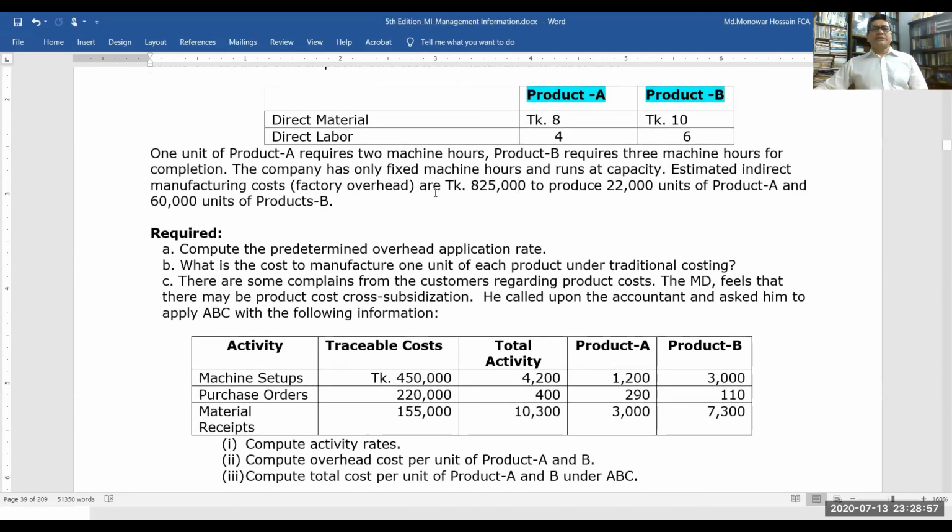One unit of product A requires 2 machine hours, and product B requires 3 machine hours. The company has only fixed machine hours and runs at capacity. Estimated indirect manufacturing cost is 8,25,000 to produce 22,000 units of product A and 60,000 of product B.